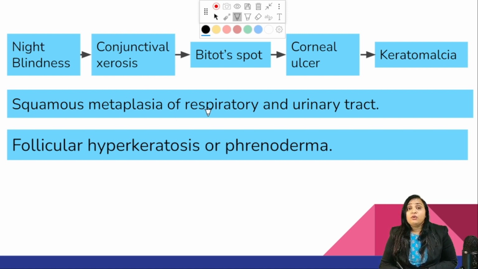The second thing that we have already discussed is that it is helpful and mandatory for the maintenance of the respiratory, GIT and urinary tract epithelium. So squamous metaplasia of the respiratory and urinary tract epithelium could be a part of vitamin A deficiency, as well as follicular hyperkeratosis or phrynoderma, that is toad-like skin, due to vitamin A deficiency.